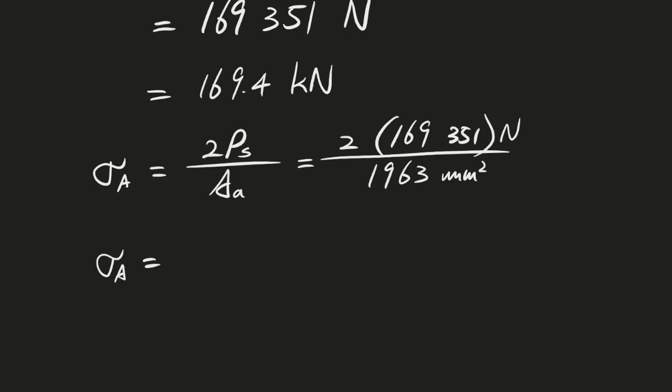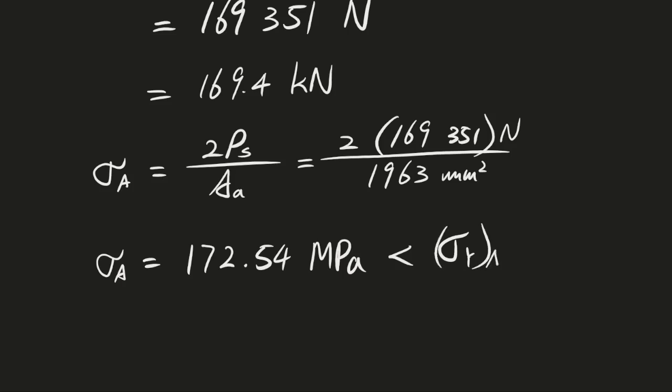Let's plug that into the calculator. And we'll get aluminum has a stress of 172.54 megapascal, which is lower than the yielding stress of aluminum. Thus, the assumption was correct.